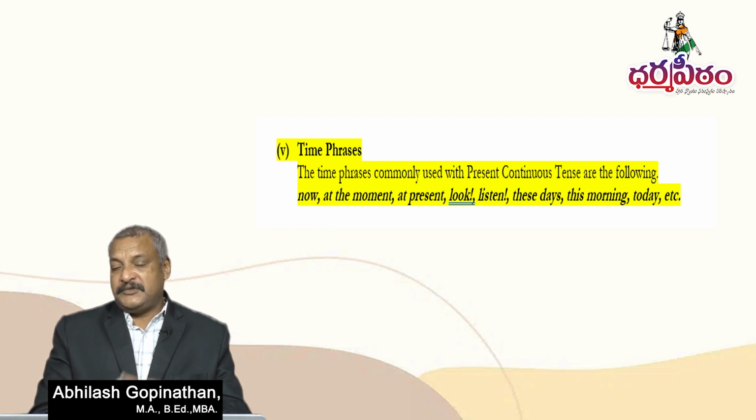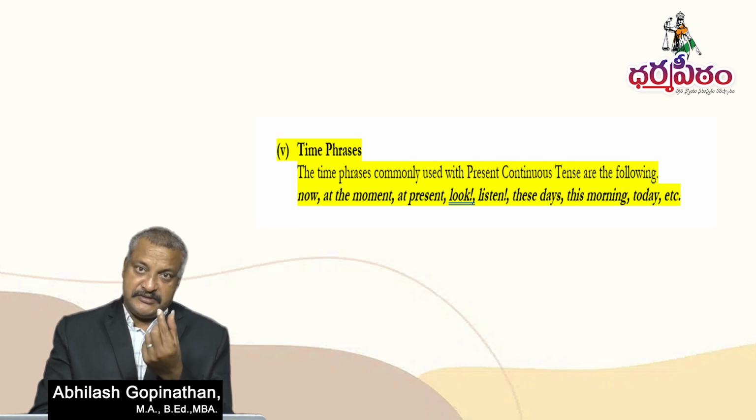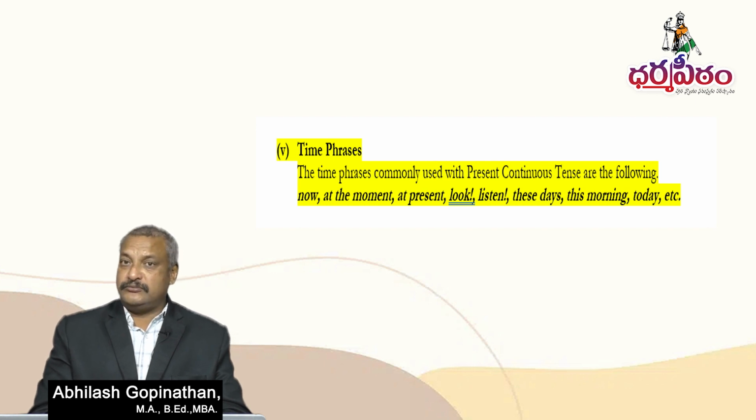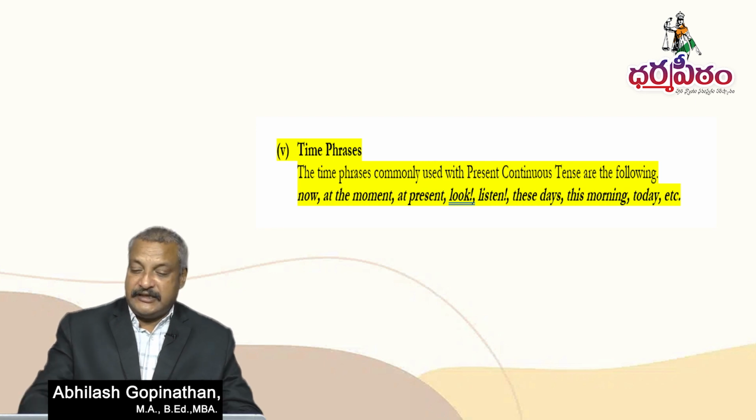So the time frame that we can find in present continuous tense, we check the examples. I am meeting my father tomorrow. Tomorrow is the time indicator there. We are going to the beach at the weekend. At the weekend is the time factor.